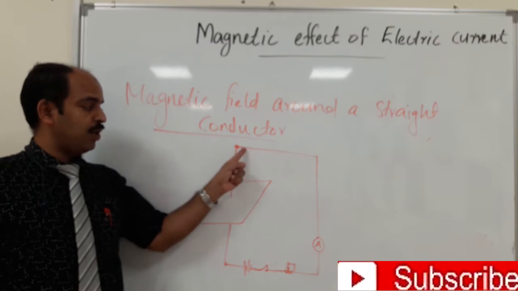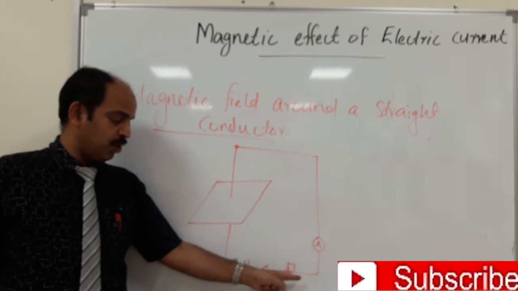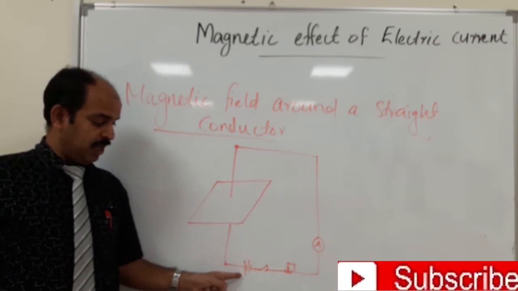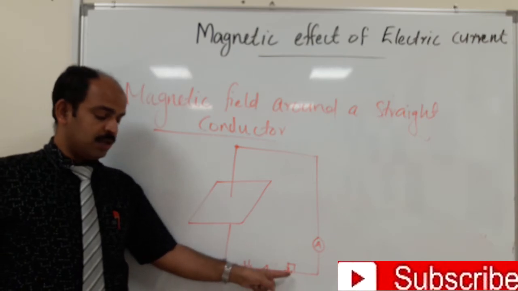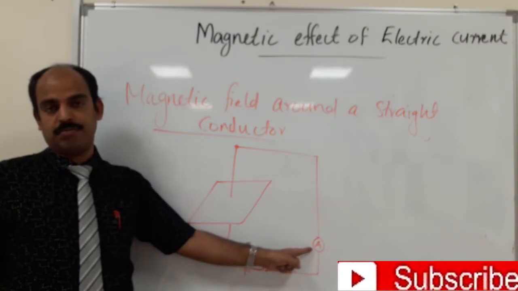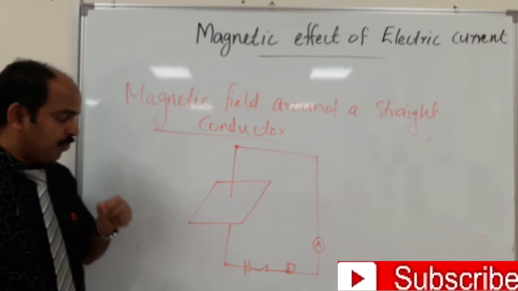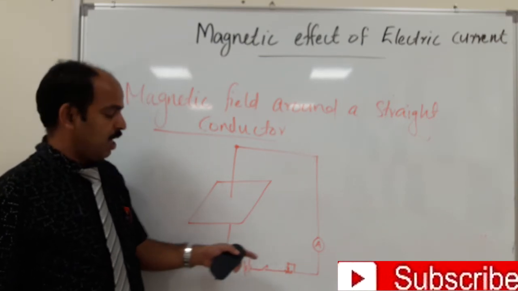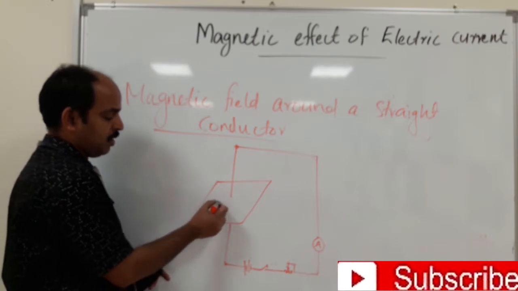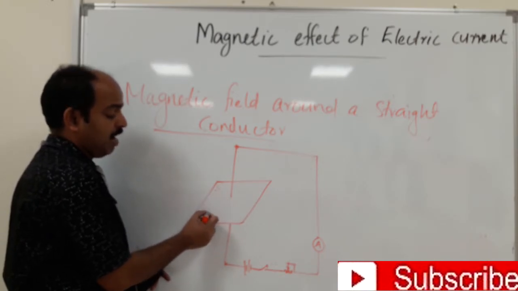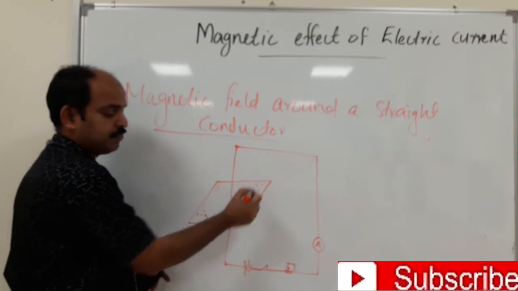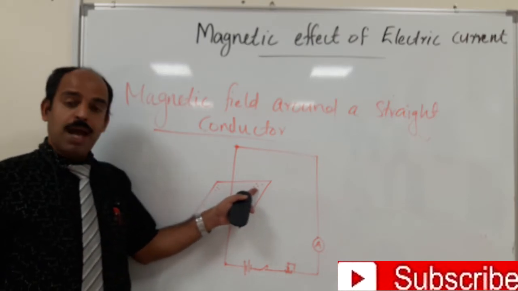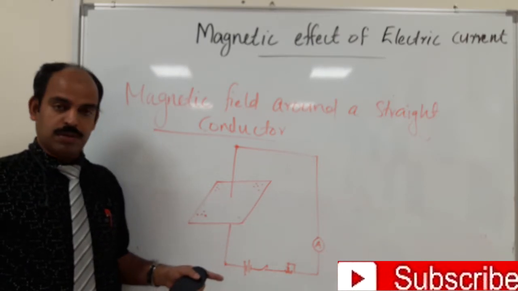Connect the ends of the copper wire to a circuit consisting of a battery, a switch, a rheostat and an ammeter. Now the circuit is open, that is, switch off. Now sprinkle some iron filings on the cardboard.